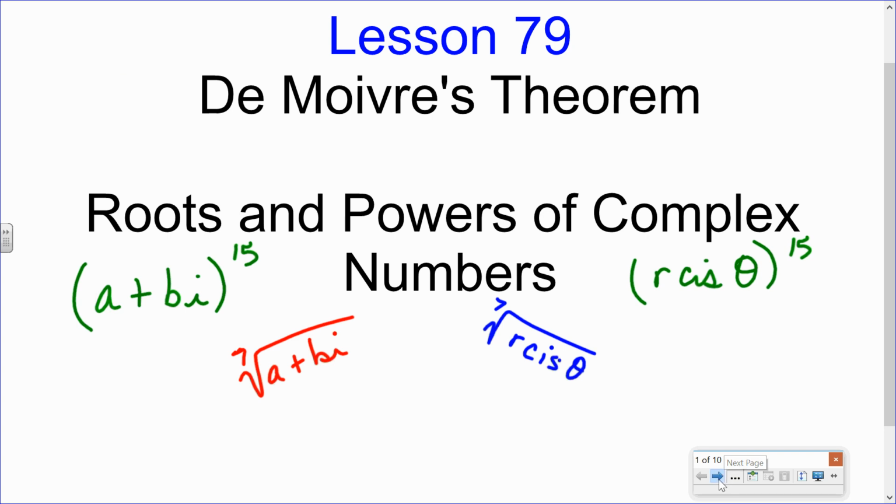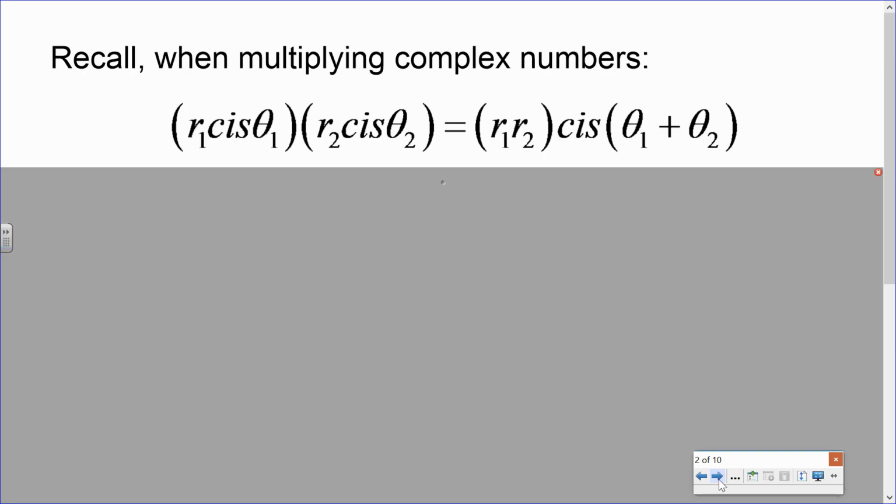So as we get started, since we're going to be multiplying complex numbers by complex numbers when we take one and raise it to a power, let's make sure we remember what we already know about how to multiply two different complex numbers.